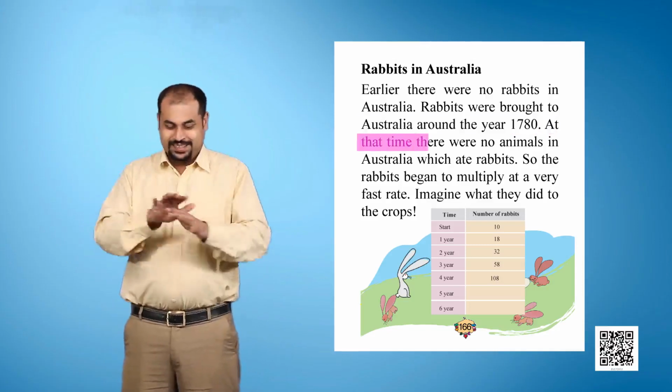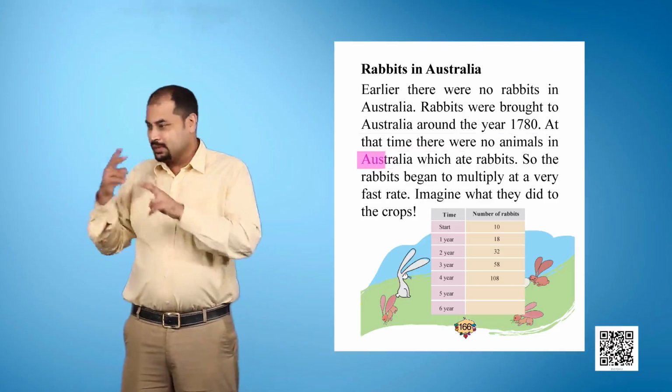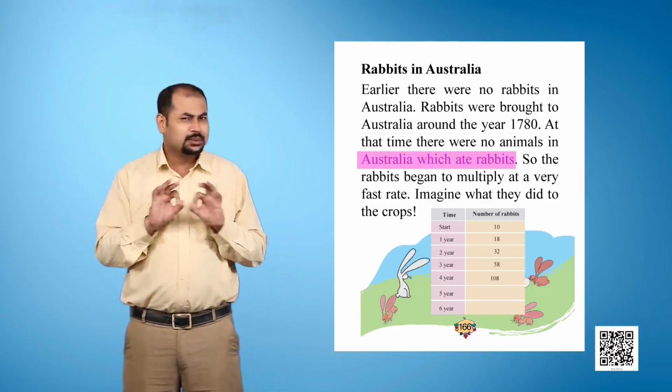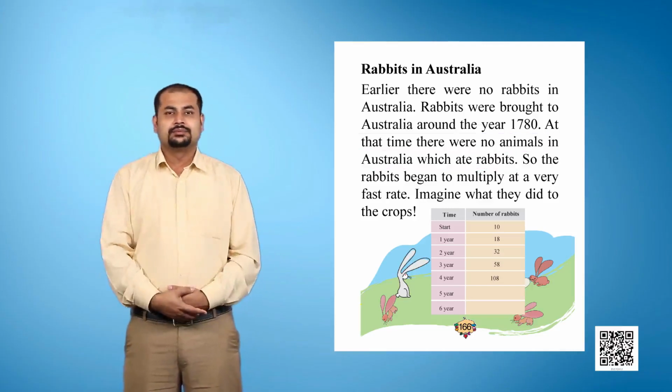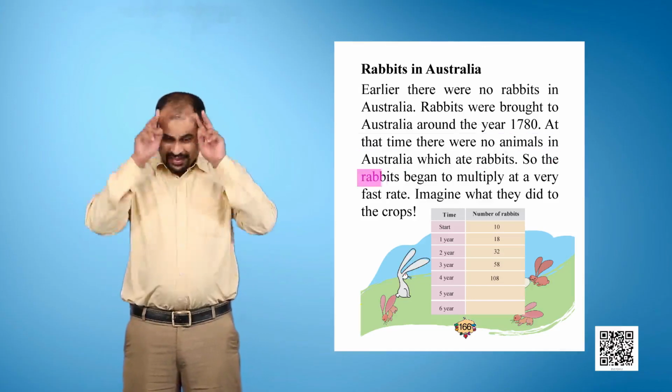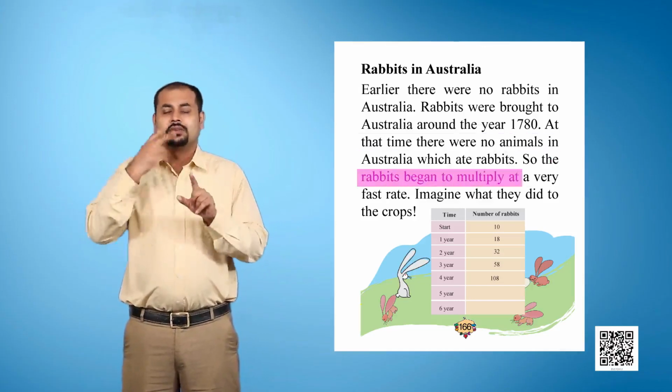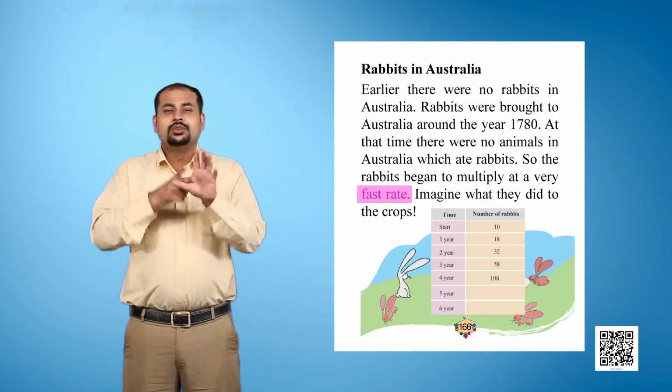At that time, there were no animals in Australia which ate rabbits. So, the rabbits began to multiply at a very fast rate.